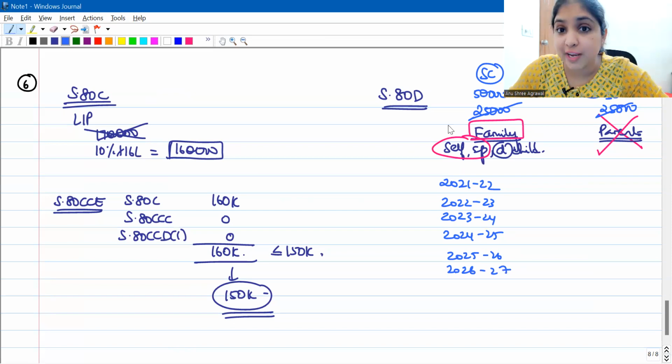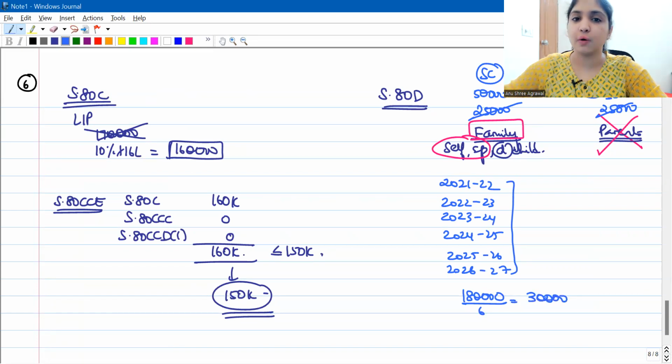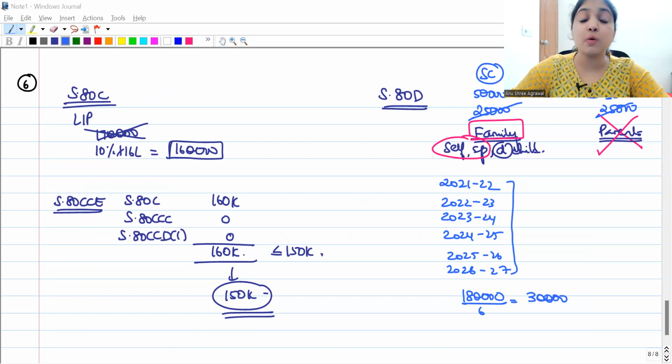So this period of 5 years is going to touch upon 6 years. So 1,80,000 premium which we paid, lump sum 1,80,000, we will split across these 6 years. So each year we will get 30,000 deduction. 30,000, which is well within the limit of 50,000.